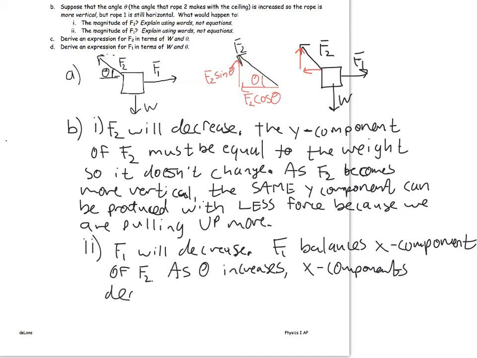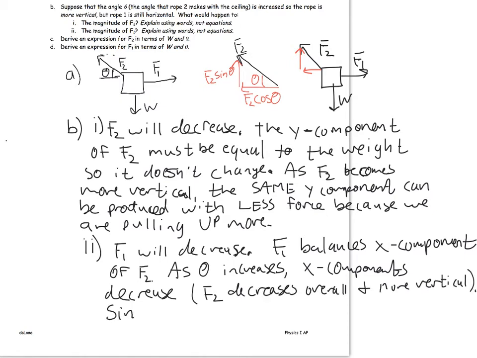Because F2 decreases as a whole, and there's a more vertical pull. So both of those are going to contribute to a smaller x component. So since the x component is smaller and F1 is equal to that x component, F1 is also going to be less.